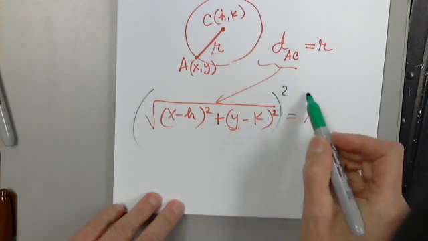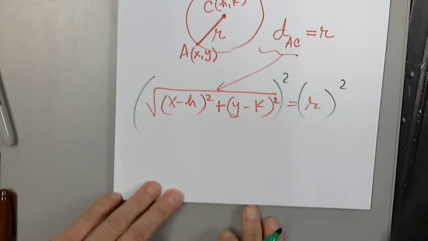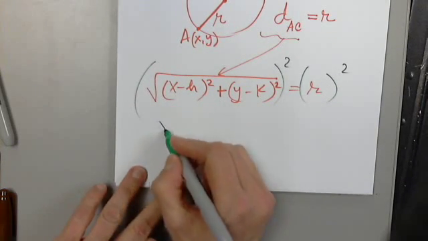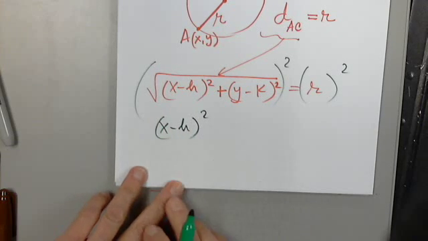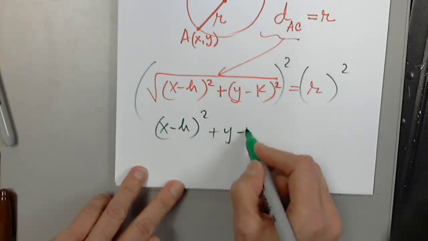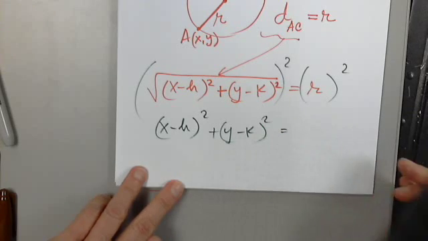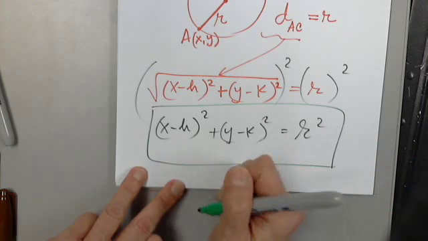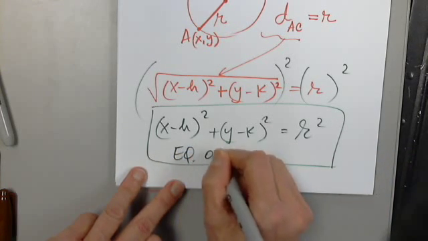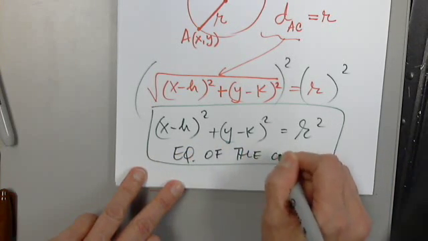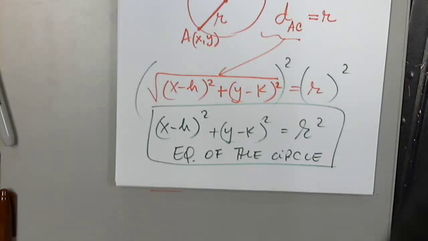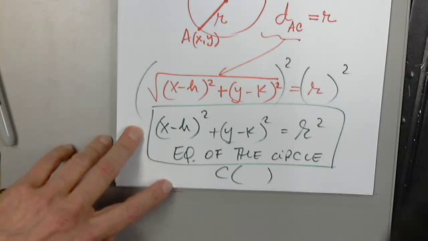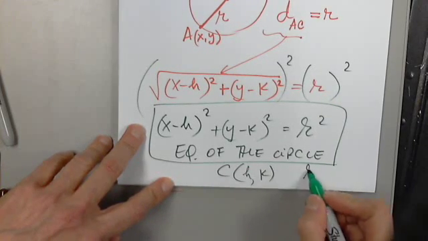So I will square both sides. The left-hand side becomes r squared. Thank you, Carl. So this is the equation of the circle with center, what center? Very good, h comma k, and the radius r.